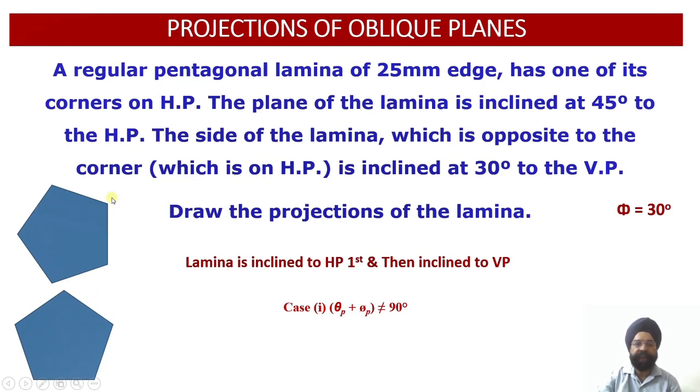Let us say we draw the pentagon in this orientation. Now what will happen? The top view will show the true shape and the front view will reveal the edge view of the lamina. Once this edge view is there, I am going to lift it at an angle of 45 degree, lifting from this corner.